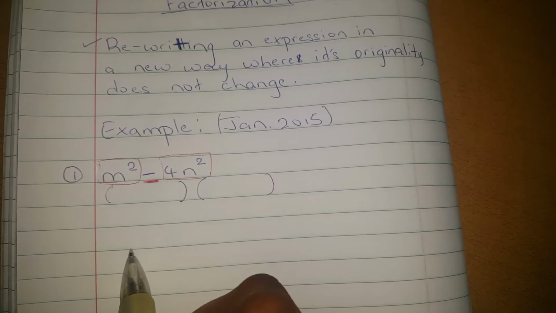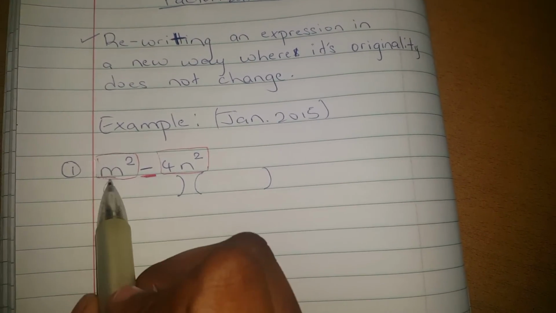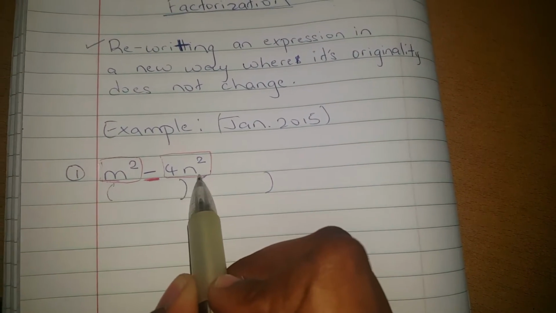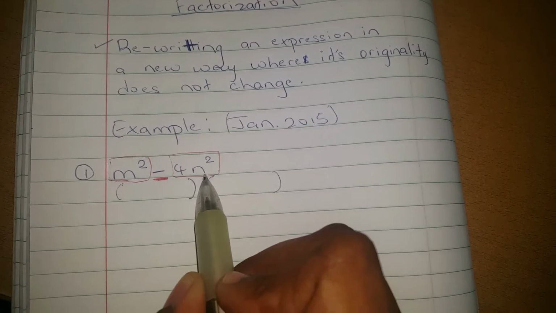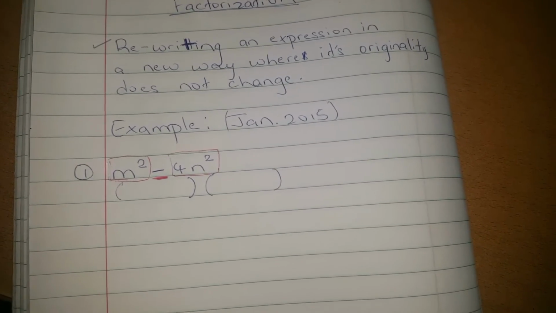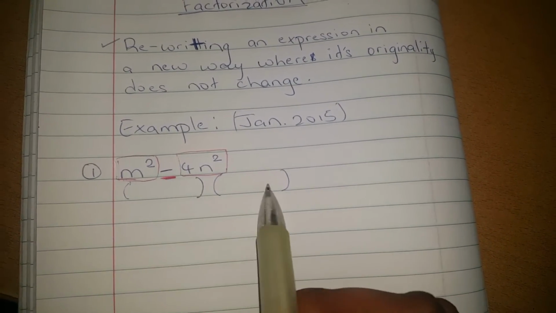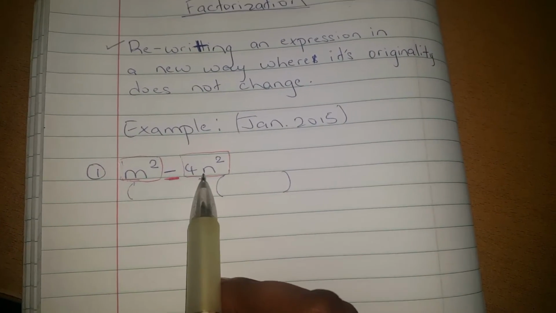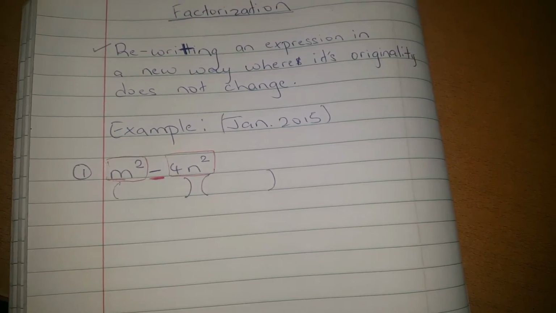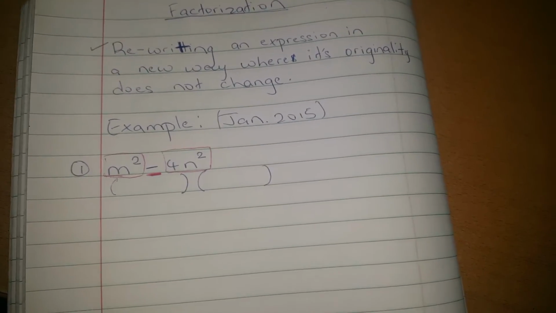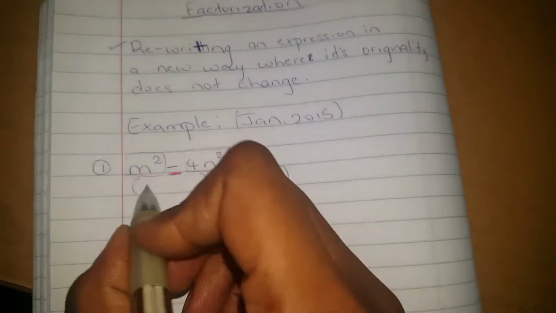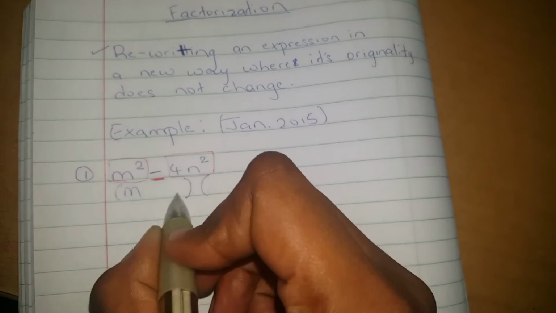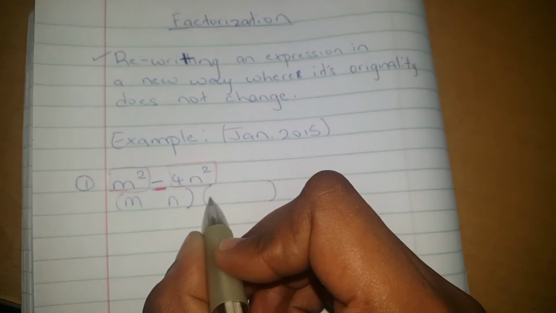In this case, we have two variables, m and n. So whatever we're going to put in these brackets has to be one, if not both, of these two variables. Next thing, put both of them for now.